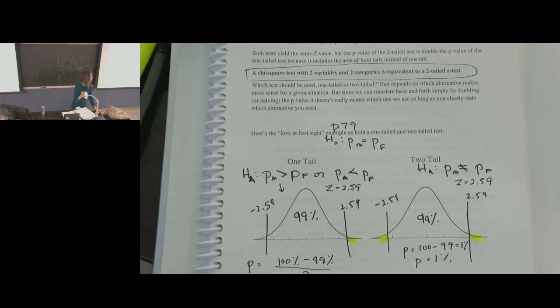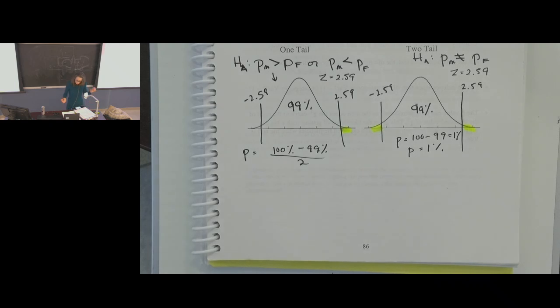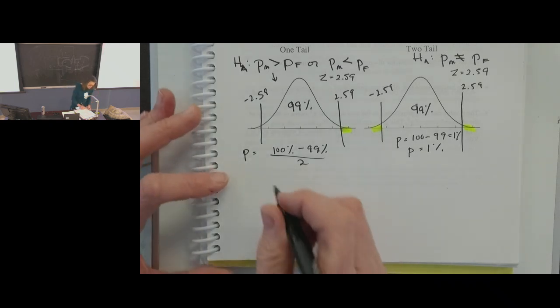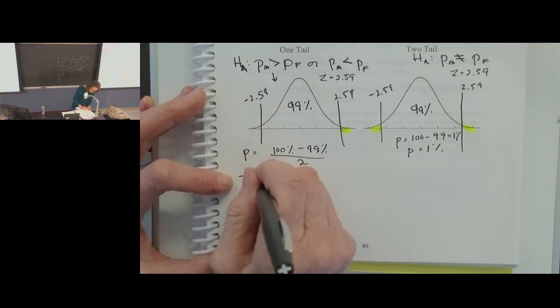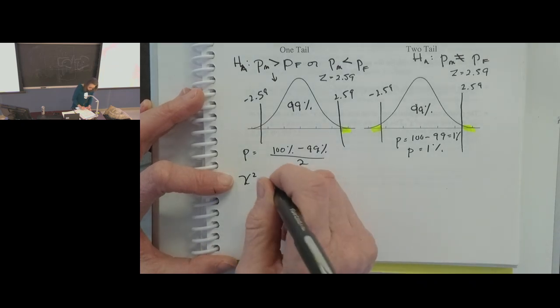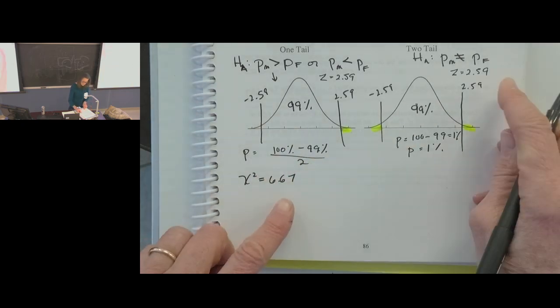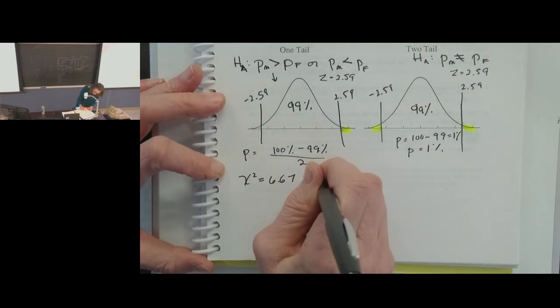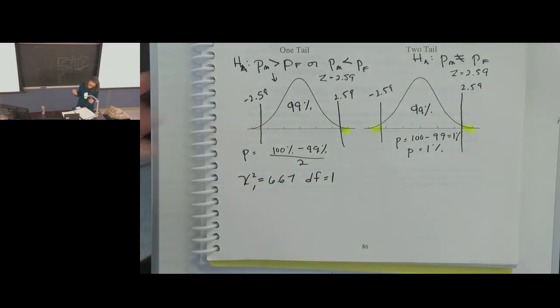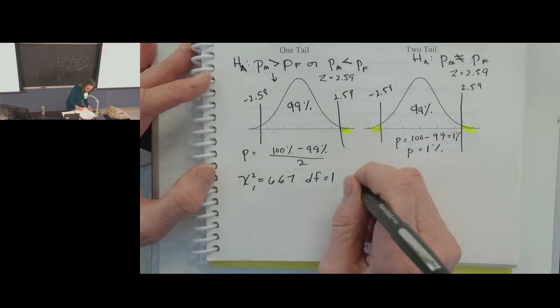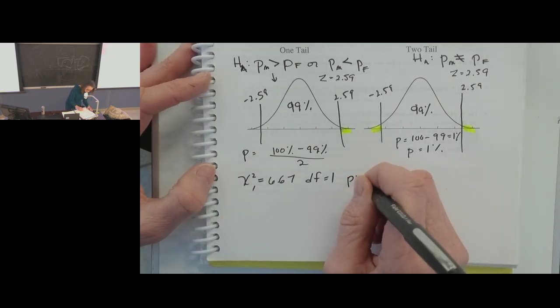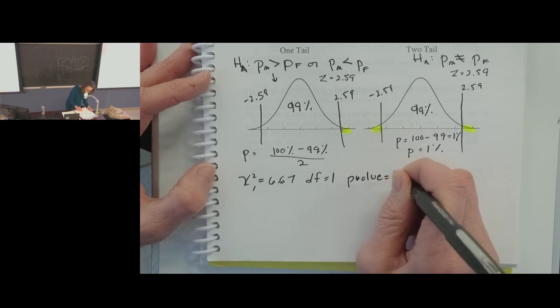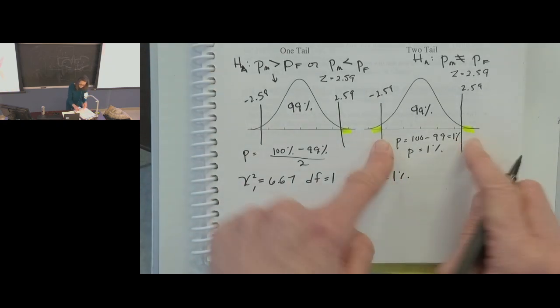All right, now what's happening with the chi-squared? Now you say the chi-squared is equal to z squared. So within rounding, we square that, we get something close to that, and now we have the degrees of freedom equals 1, and the p-value is going to equal 1%. It's going to be equal to that one. Why?